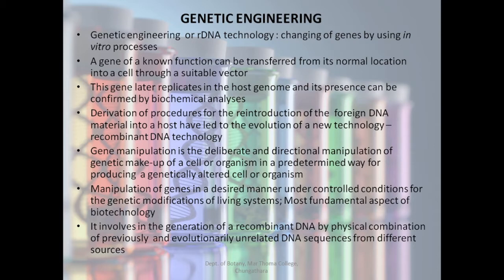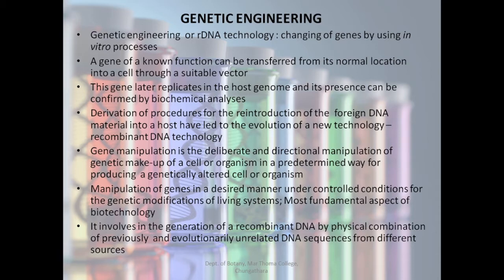Here we can see that there are two important features to be taken care of, that is DNA sequences which are recombined are from two different sources. That is, they can be between unrelated species or different types of organisms.